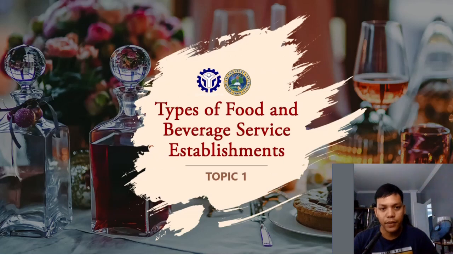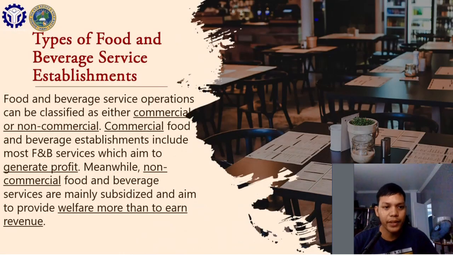So there are types of food and beverage service establishments. We will discuss the different types of F&B service establishments. Food and beverage service operations can be classified as either commercial or non-commercial. When we say commercial, the food and beverage establishment includes most F&B service which aims to generate profit.